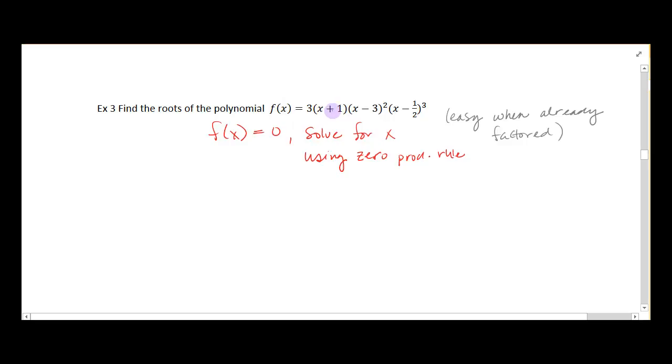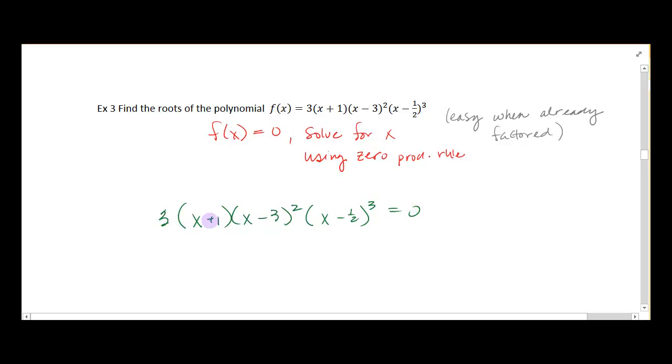So when we look at this, we see here that we have 3 times x plus 1, x minus 3 quantity squared, x minus 1/2 cubed. And all of that is set equal to 0.